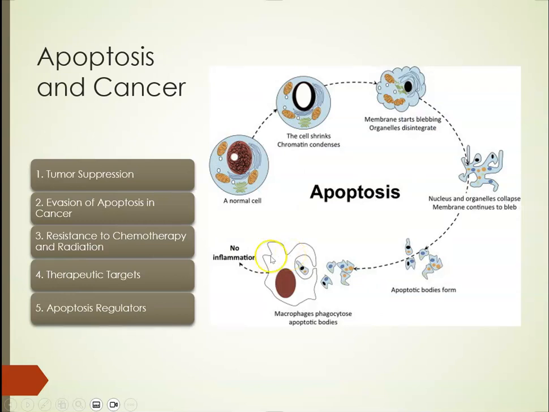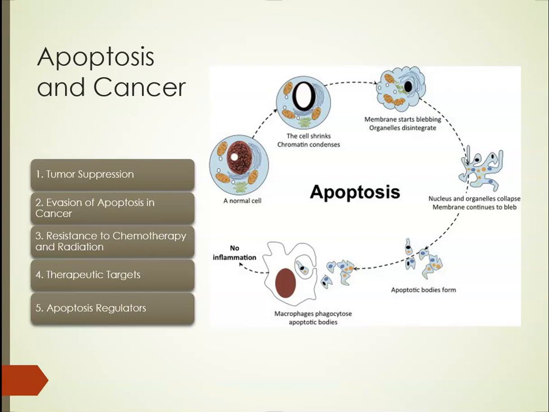So let's look at apoptosis and cancer. Apoptosis plays a crucial role in maintaining the balance between cell growth and cell death in the body. Remember, I mentioned early on that if the cell senses that something is wrong with it, it's going to go into self-destruction.